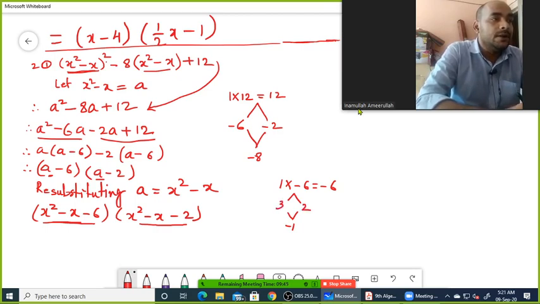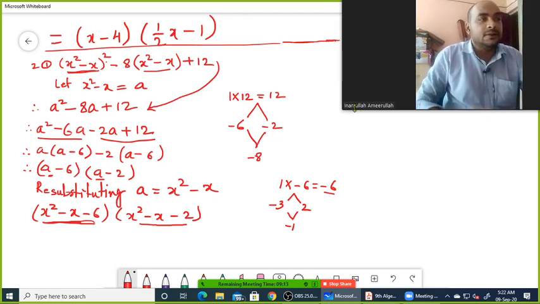But we need negative 6 and negative 1, so I'll take negative 3 and positive 2. When we multiply one negative and one positive number, I'll get a negative product. And when we add one negative number and one positive number, the sum would be negative, because the greater number is negative here. So this first factor is further factorized as x minus 3 and x plus 2.